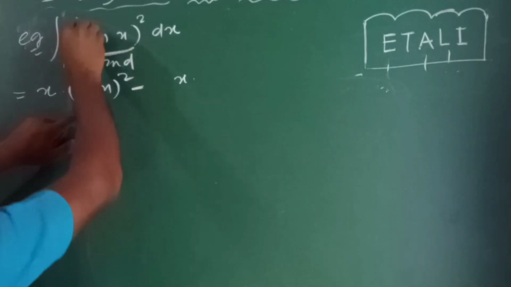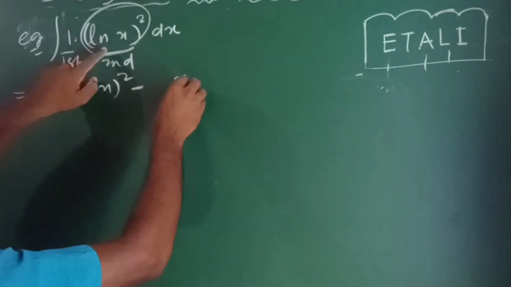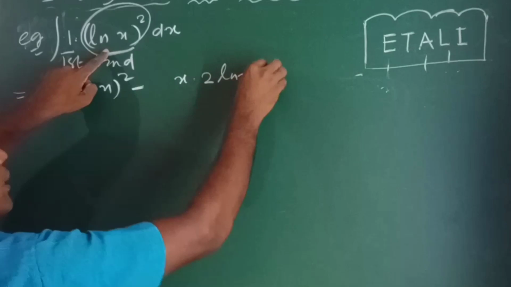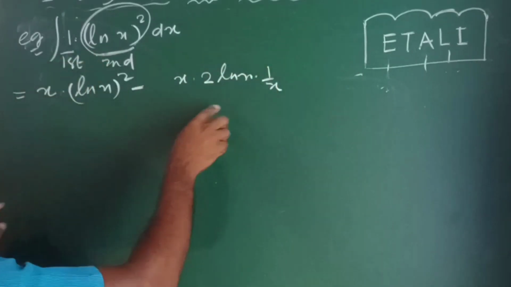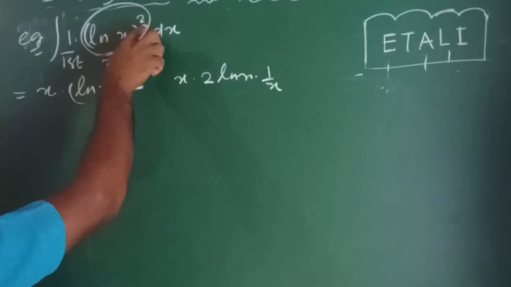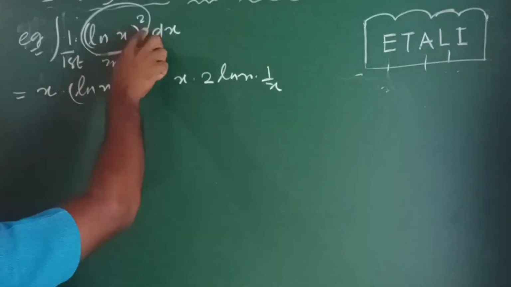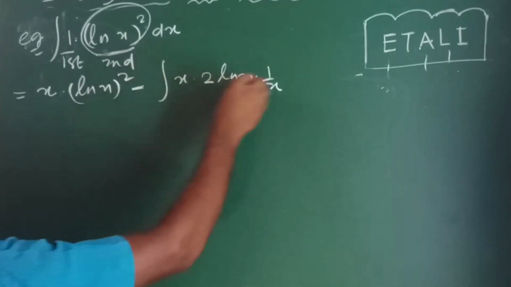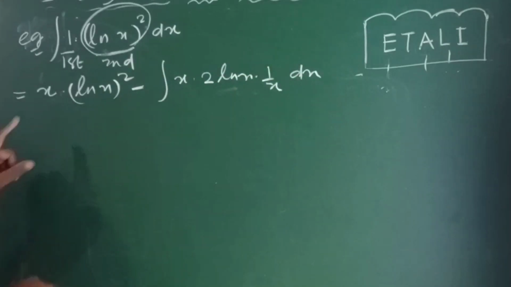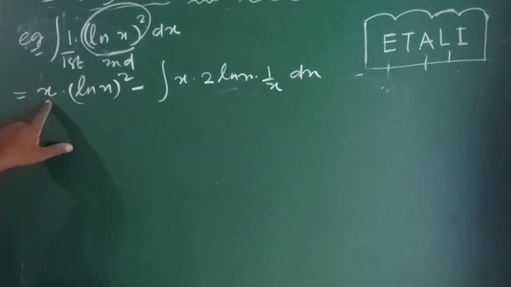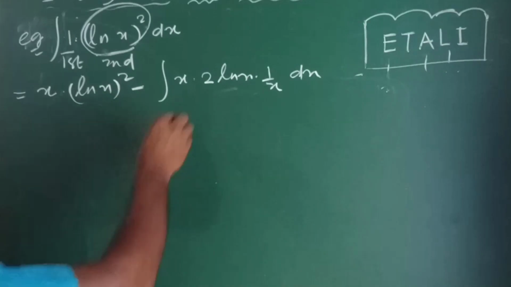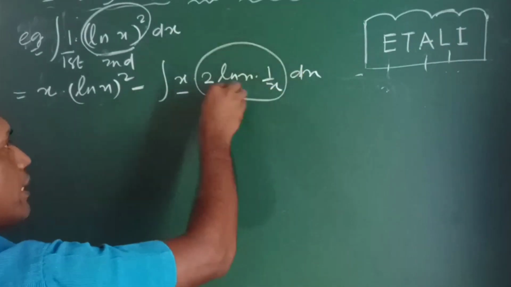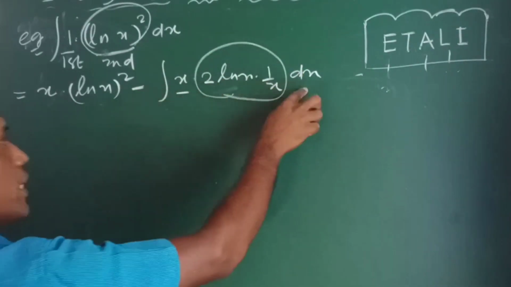The derivative of ln x square is 2 into ln x into the derivative of ln x, which is 1 by x. This is the chain rule. And integration with respect to x. So this is the by parts rule: integration of first into second minus integration of first into derivative of second.